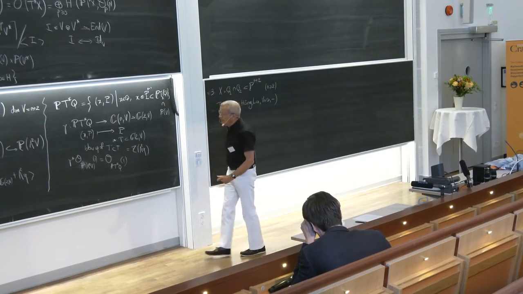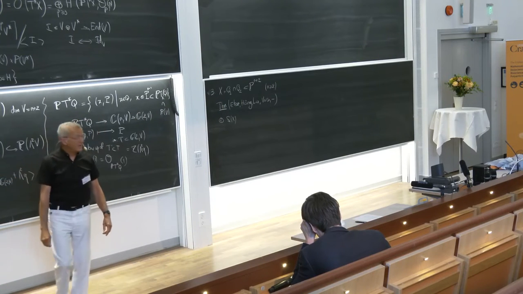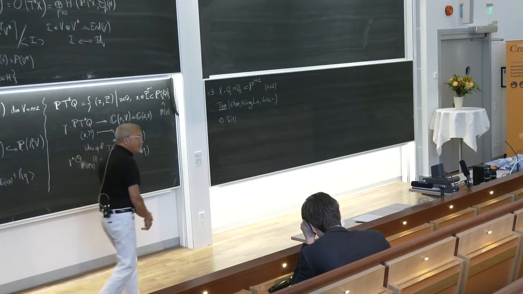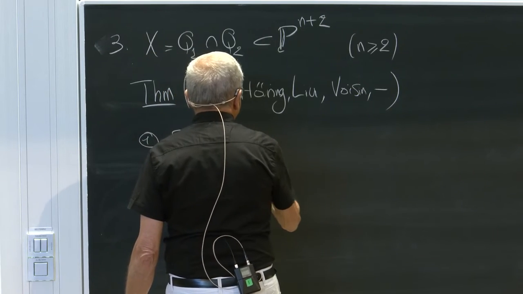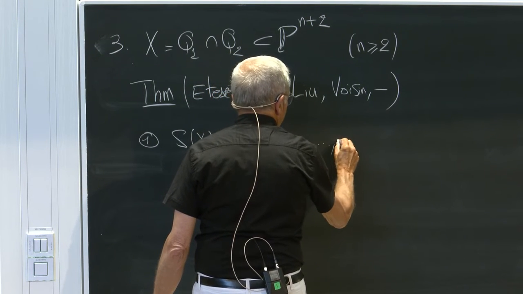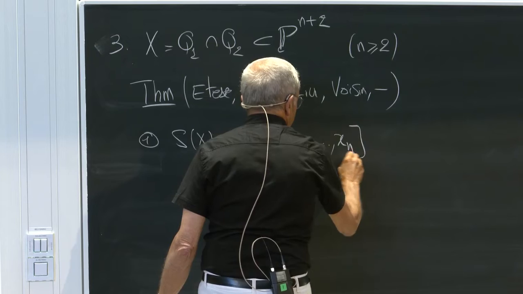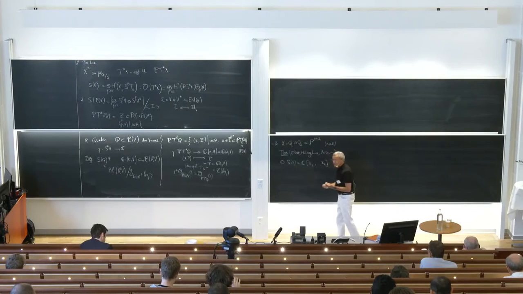Well, you may expect something very complicated, knowing what it is for one quadric. Well, it turns out to be very simple. It's a polynomial algebra in n variables, with, I should say what it is as a graded algebra.